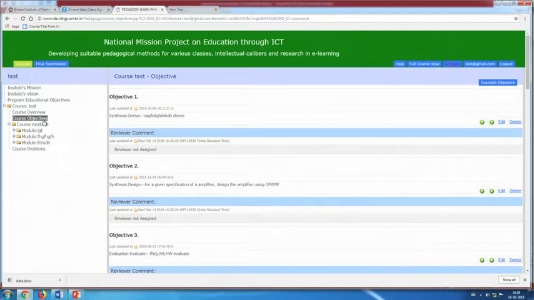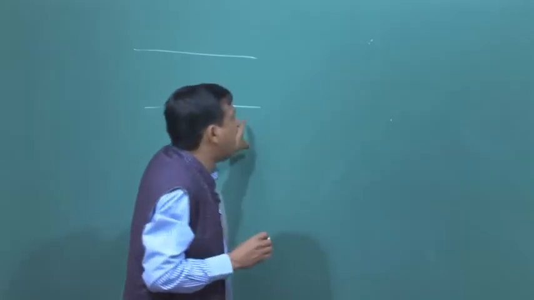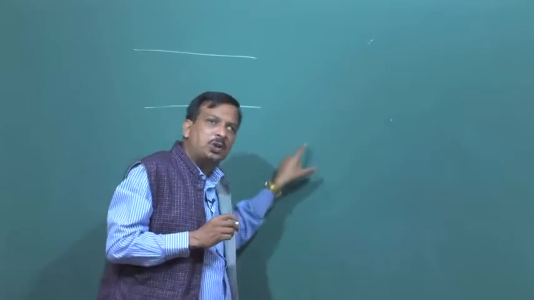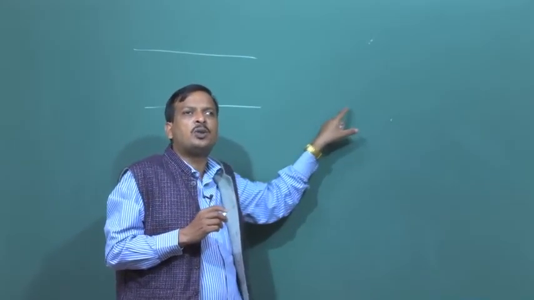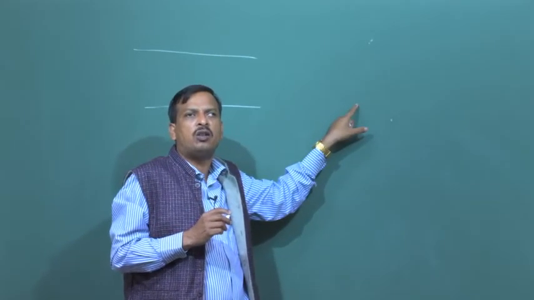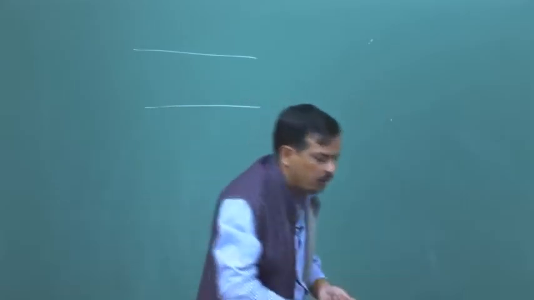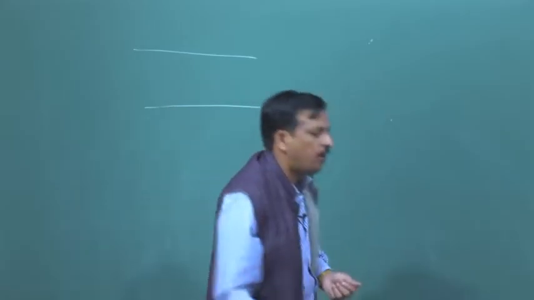Once you write down the objective, that milestone where the student has to reach, now I have to set a test item which will test whether a student has reached the milestone or not. If you see, there is a course level problem.